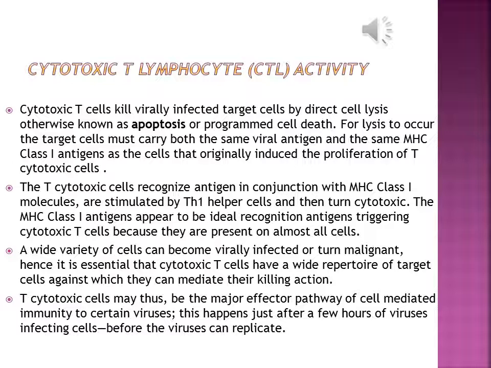Hence, it is essential that cytotoxic T cells have a wide repertoire of target cells against which they can mediate their killing action. These cytotoxic cells may thus be the major effector pathway of cell-mediated immunity to certain viruses. This happens just a few hours after viruses infect cells, before the viruses can replicate.